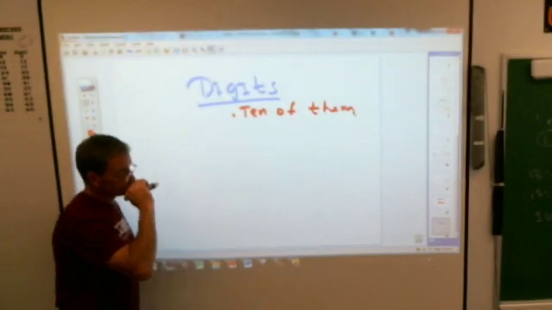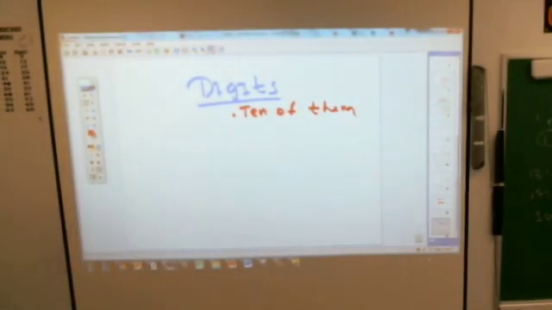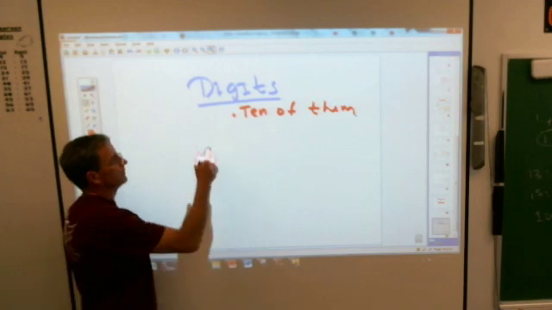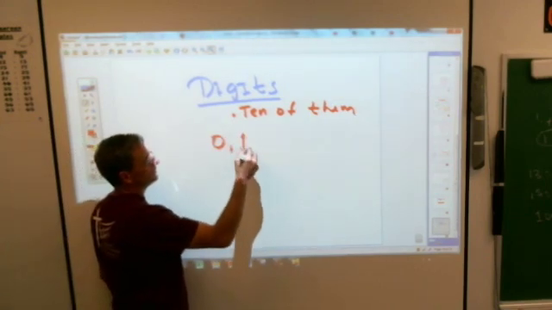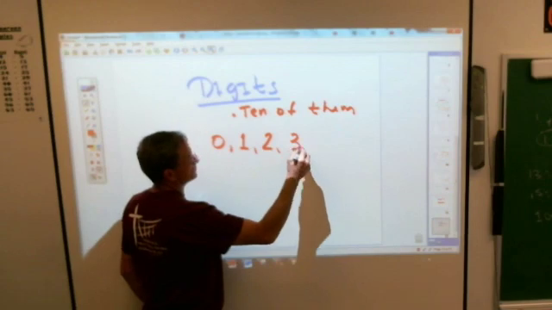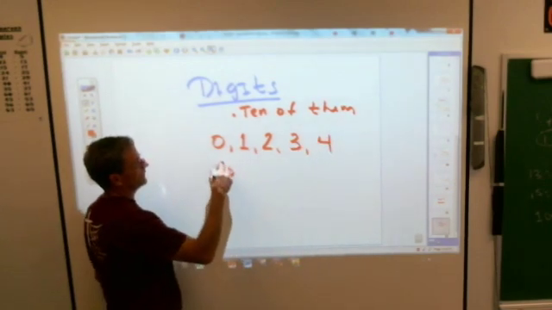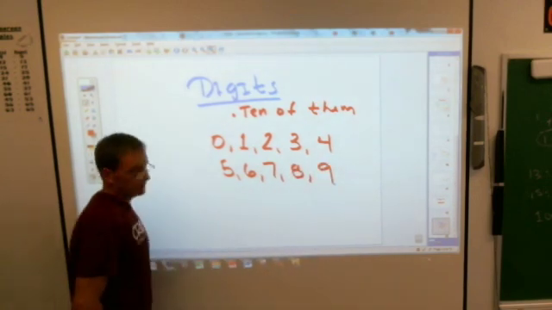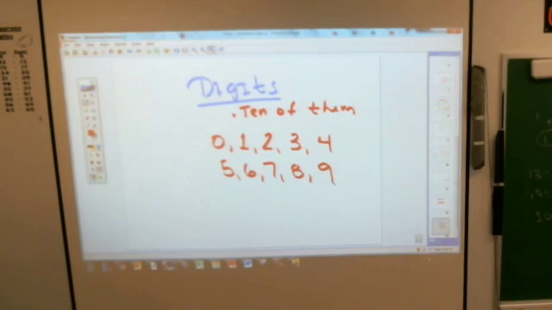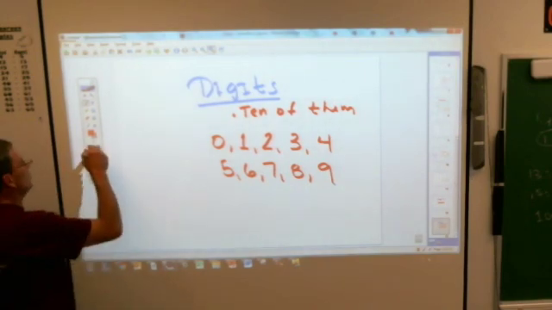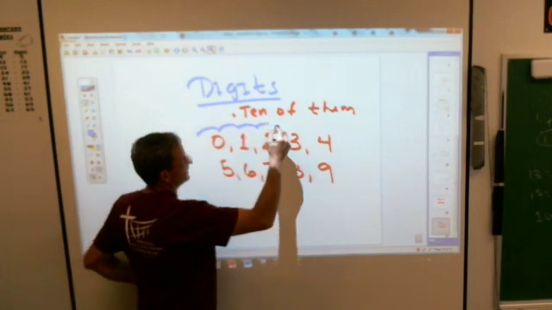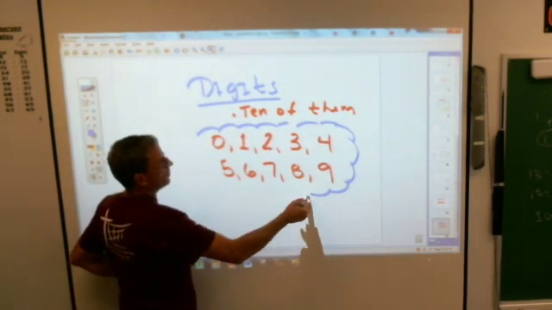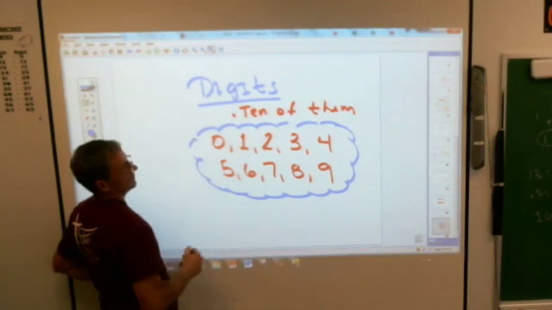And the digits very simply are 0, 1, 2, 3, 4, 5, 6, 7, 8, and 9. Those are the only 10 digits that we have in our number system. All numbers are made up of a combination of those digits.